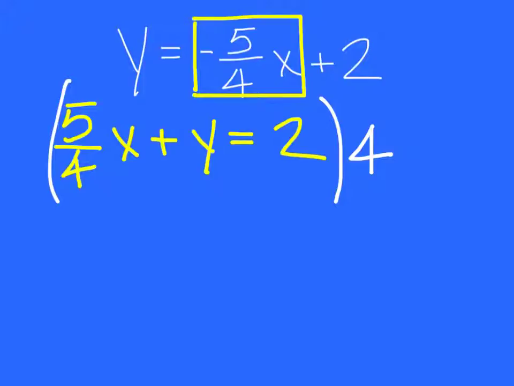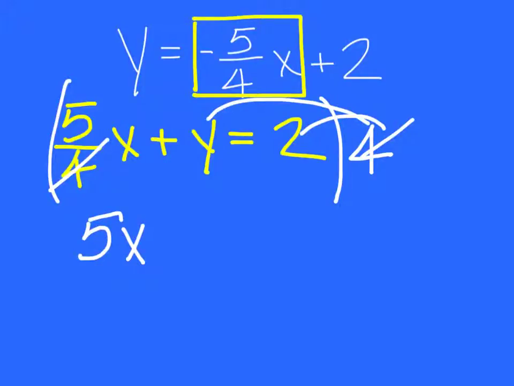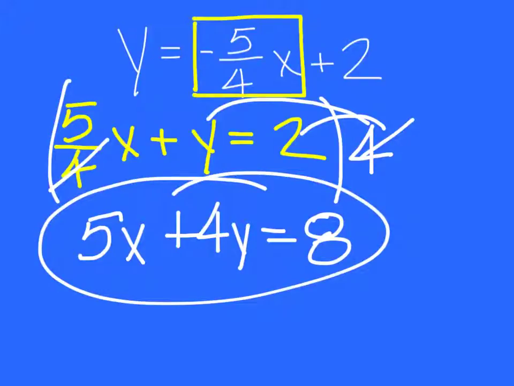When I do that, it will cancel out with itself under the 5 and be left with just the 5x. But then you must also multiply the 4 by the other 2 terms to get your final answer. Try this one.